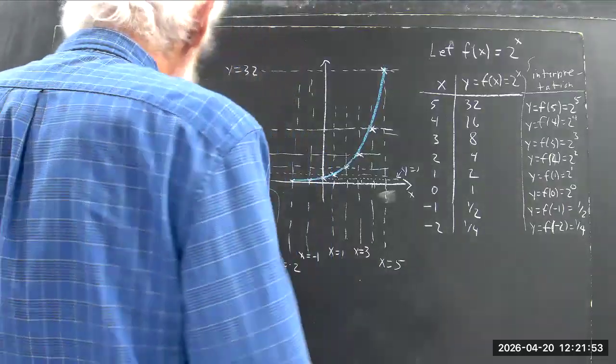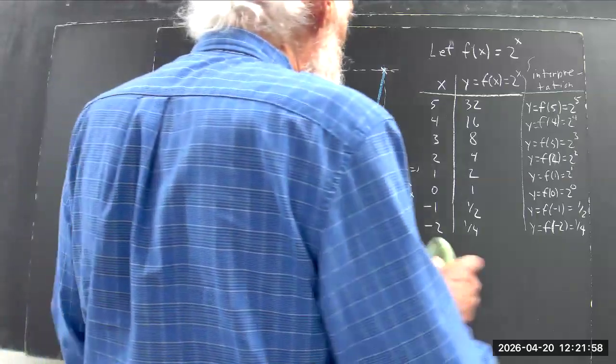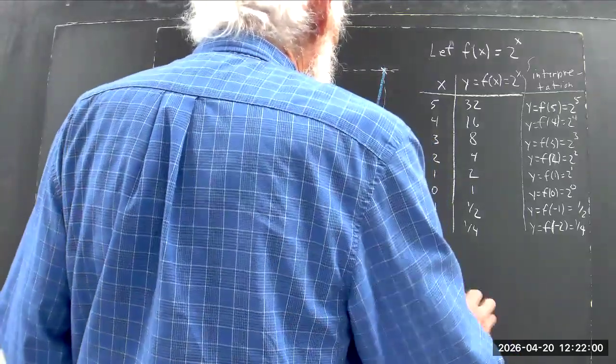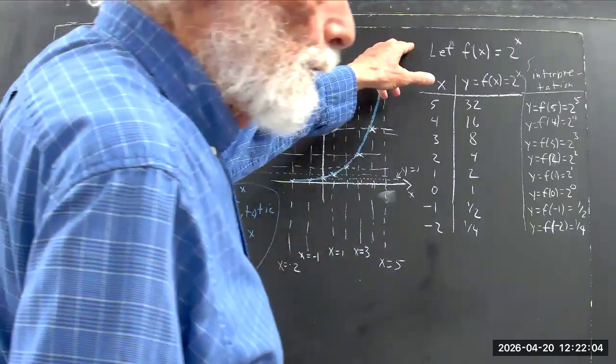This leads to my preferred construction algorithm for the 2 to the x function, which is incidentally our toolkit exponential function.